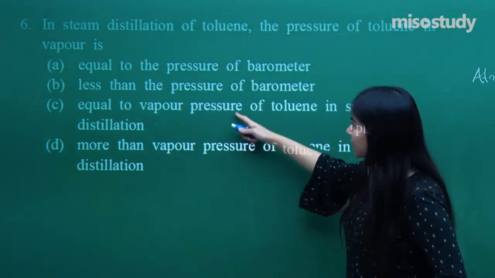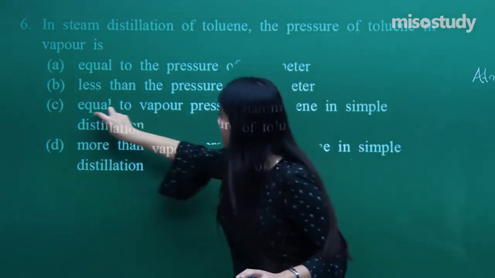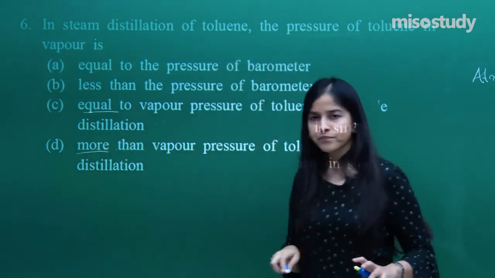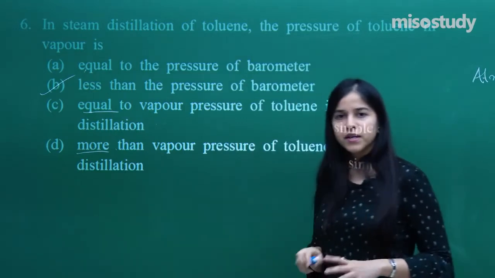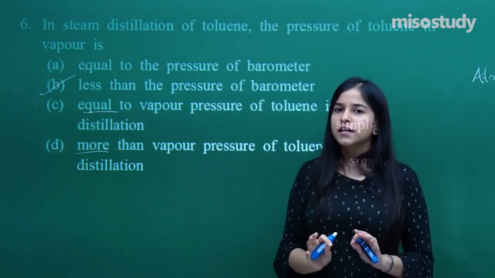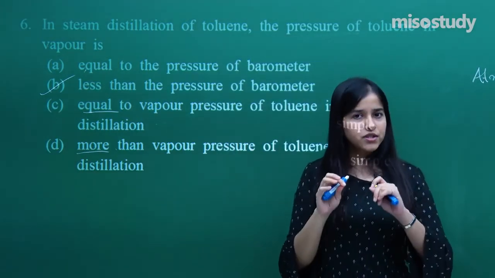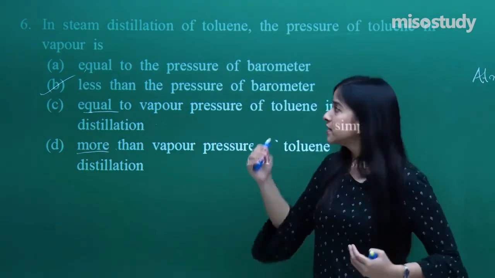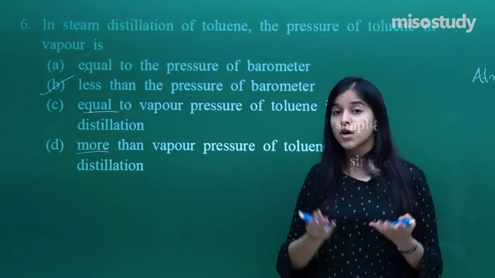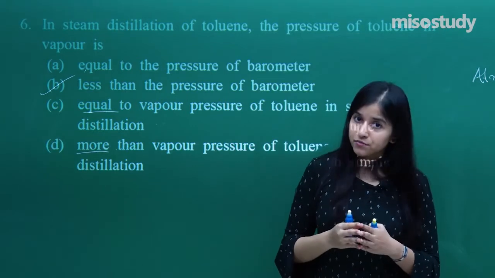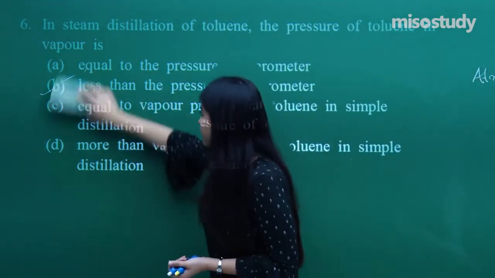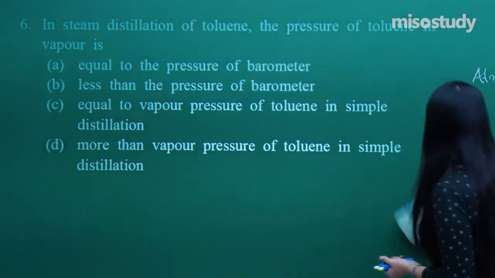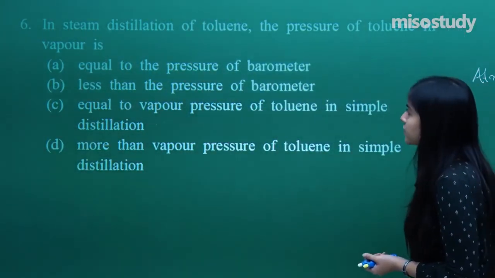But over here, these two options, due to the presence of the word equal and more, will not be appropriate. What is appropriate is less, right? I hope everybody is clear with the concept. If not, just try to revise the concept for steam distillation, what all is happening in steam distillation, right? We have already discussed that in a session relating to steam distillation. So just go and check it there.